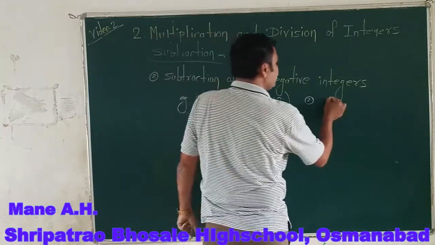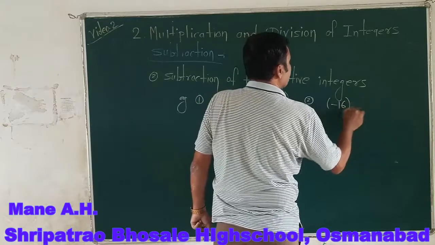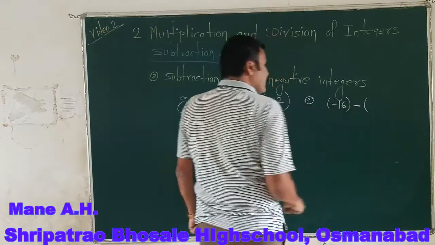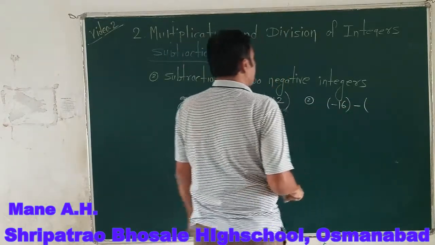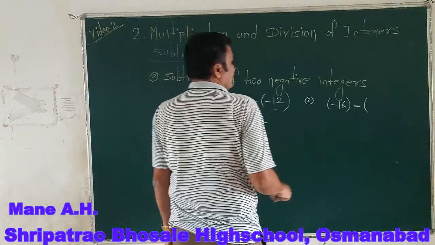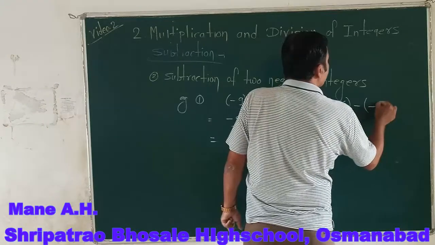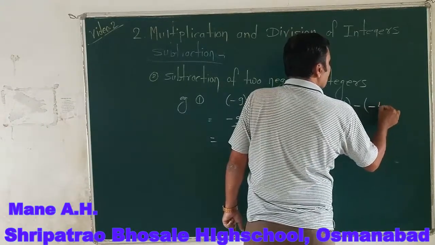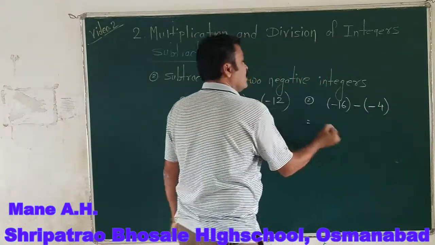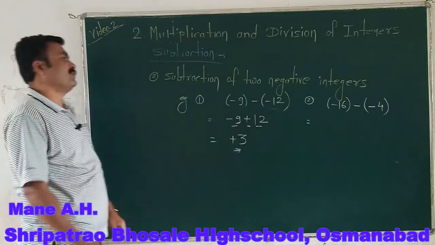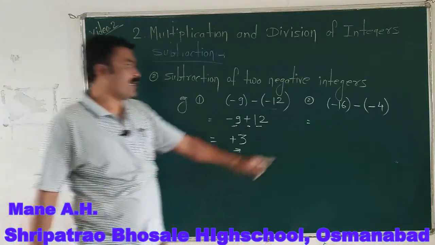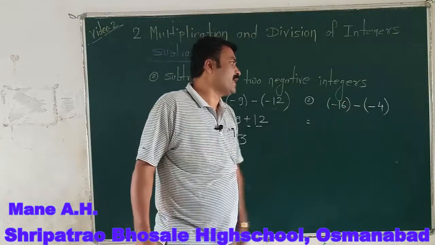That is minus 16 minus, in bracket, that here I want to take, that is minus 4. We take the opposite example of the first: minus 16 negative integer, minus 4 negative integer.